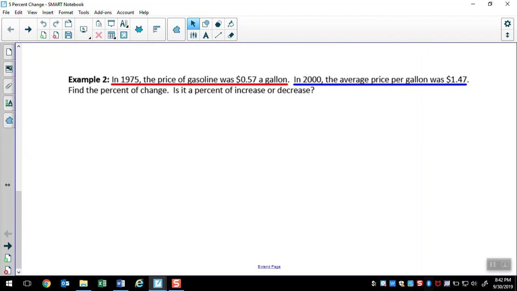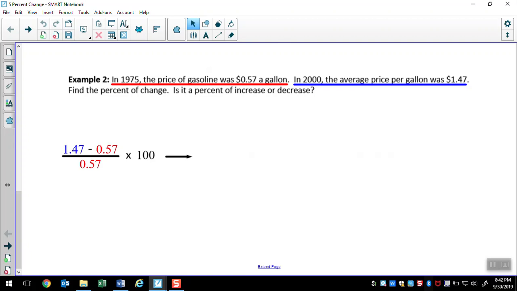So when we go to set this up, we have to figure out who's our new and who's our original. Well, the new one is going to be the one with the most recent date. 2000 is definitely more recent than 1975. So we're going to use the $1.47 as our new, and then the 57 cents as our original. I'm going to put the original down at the bottom, and now we can start doing our math.